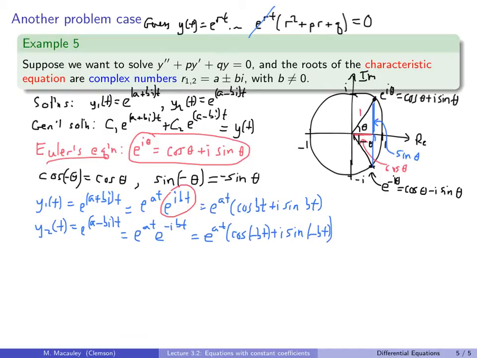And now I'm going to use these two rules. This negative sign gets absorbed into the cosine and becomes positive, and this negative sign pulls out of the sine and becomes negative.